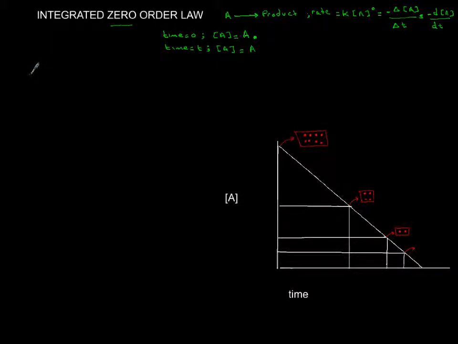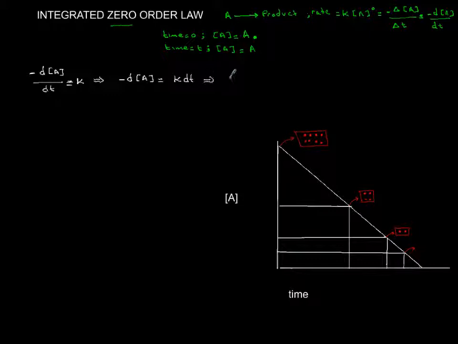For this reaction, we're saying minus dA over dt is simply equal to k, because it was multiplied by A to the power 0, so it became k. Now we take dt to the other side of the equation, so this is k dt.